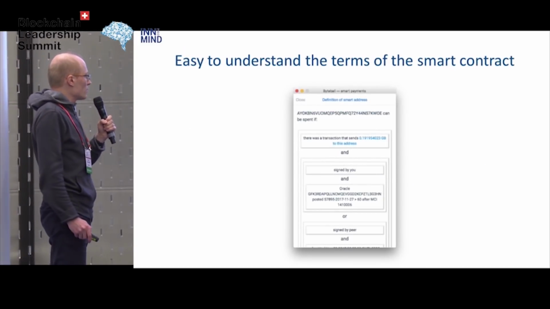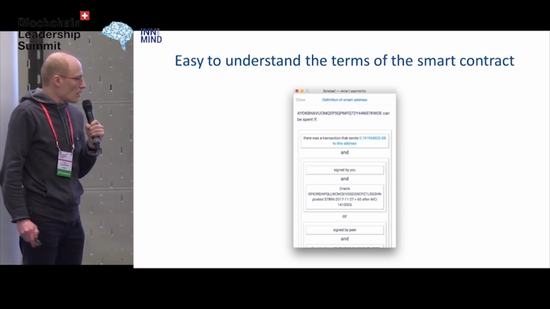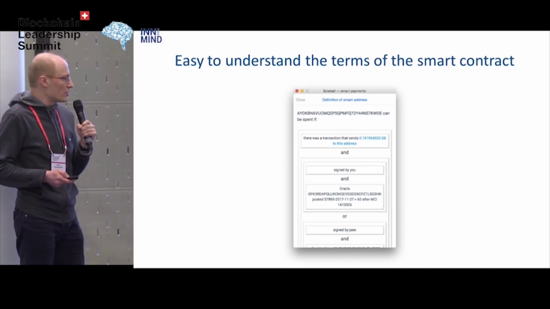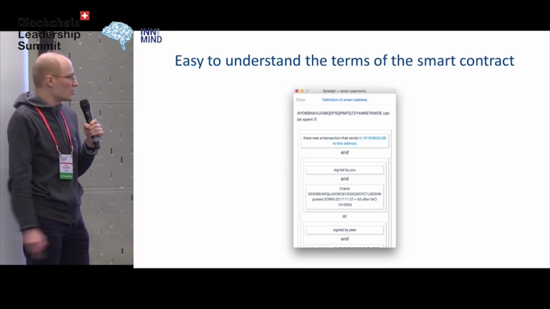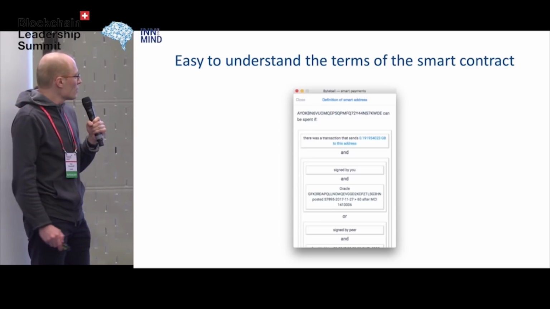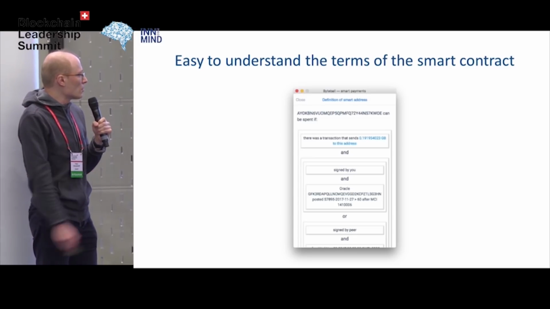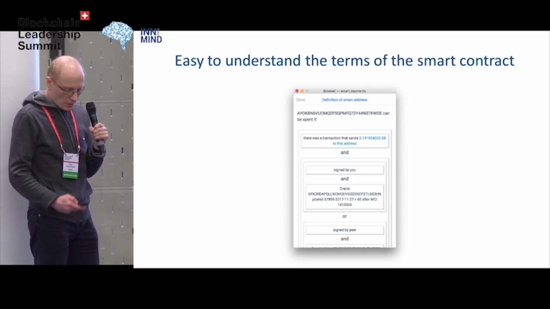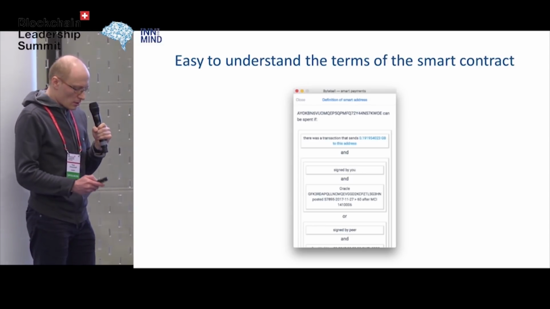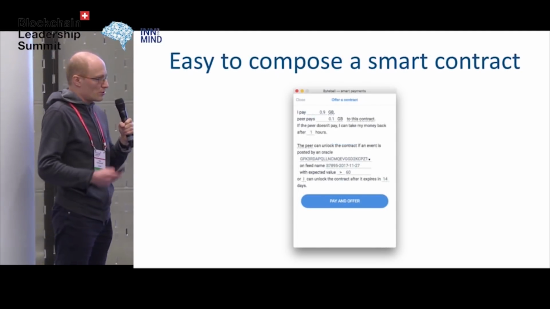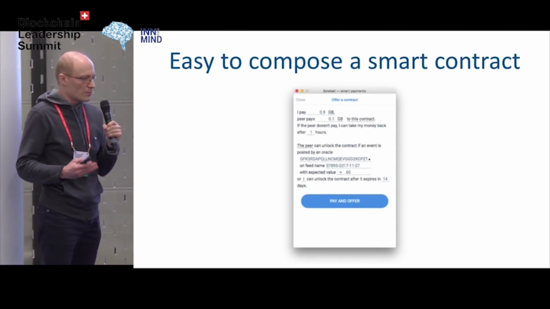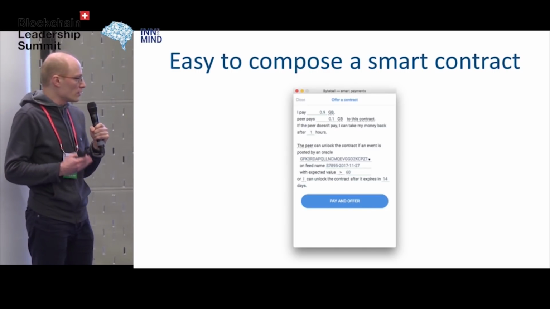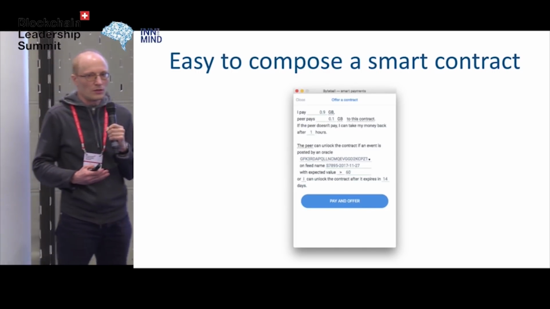So this contract is written in an easily readable language, which can be represented in human readable form. This is how the party that accepts the contract sees it. And the party which composes the contract has a special tool which is built in the wallet. The party doesn't need to be a developer.